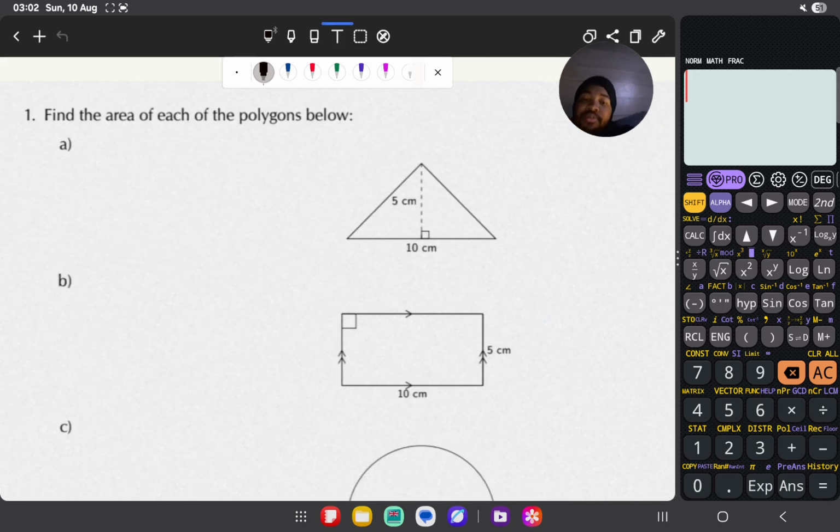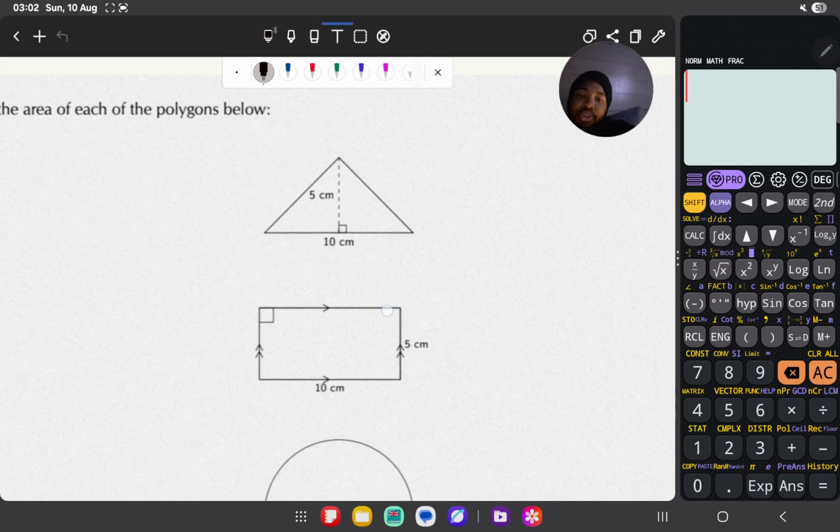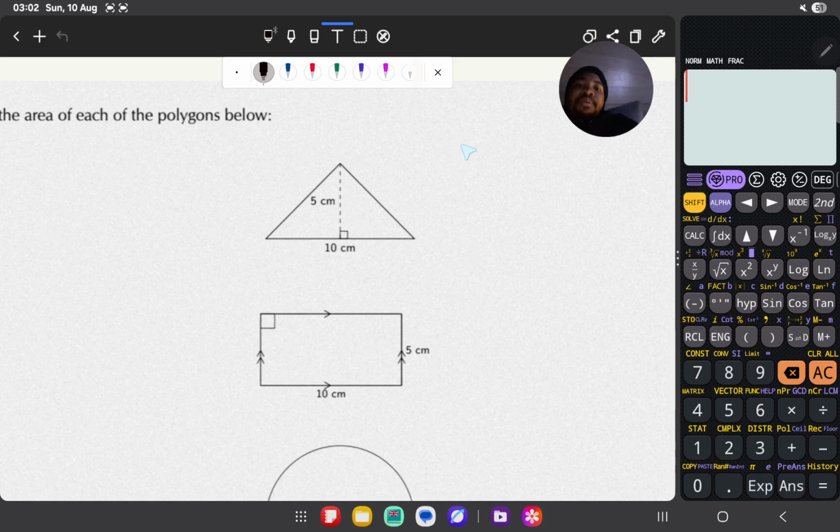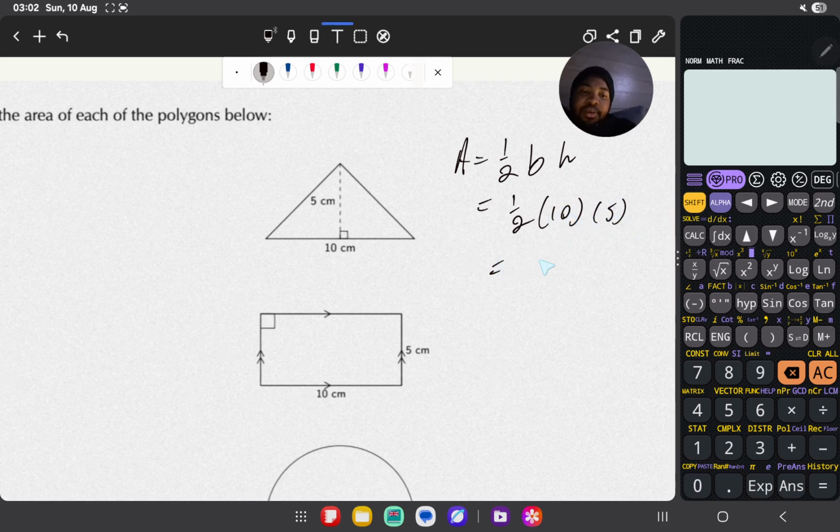We have this one of a triangle. We already have our perpendicular height, which is 5 centimeters, so that means the area, remember the formula, you have half base times height, right, which is half times 10 times 5, which is 25 centimeters squared, right?